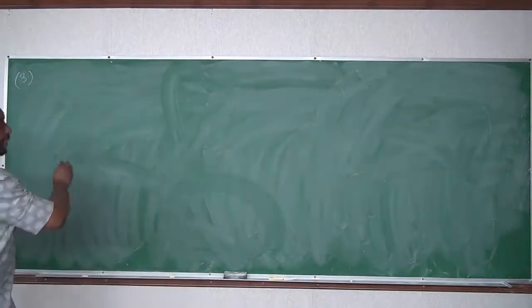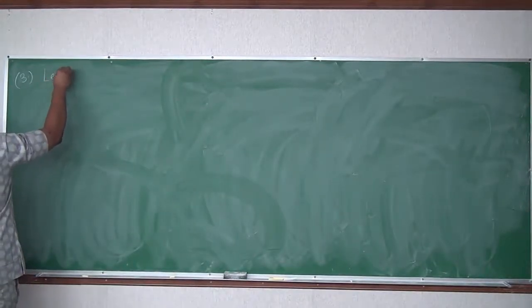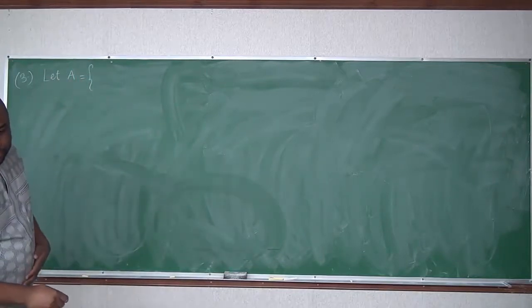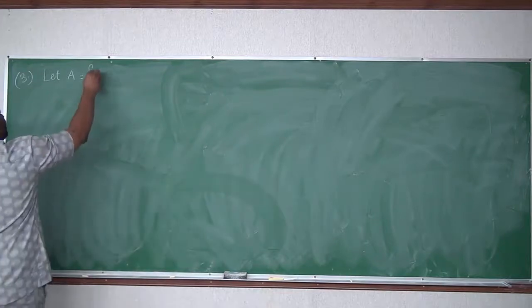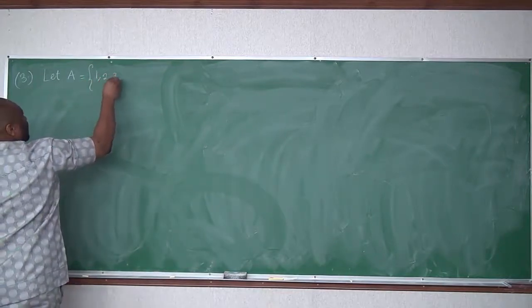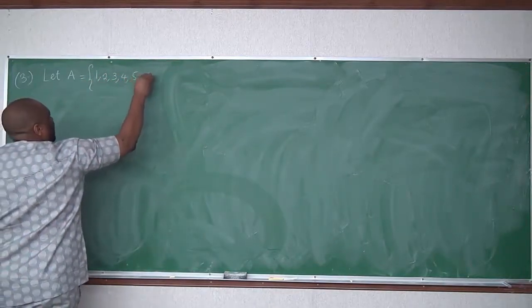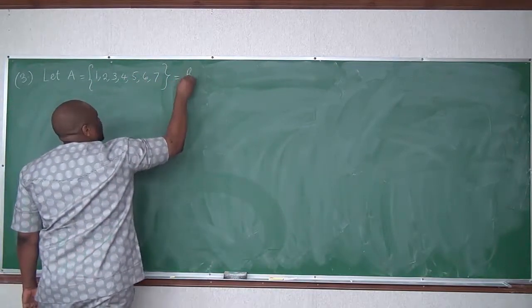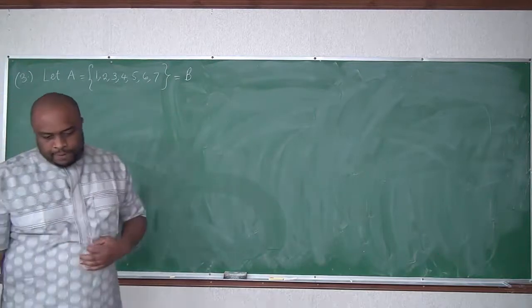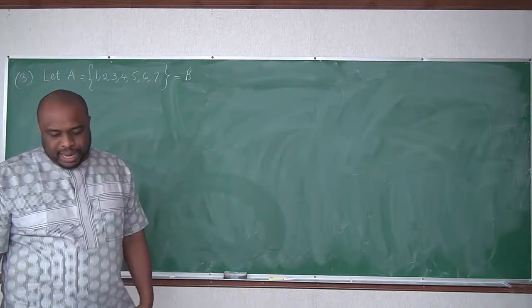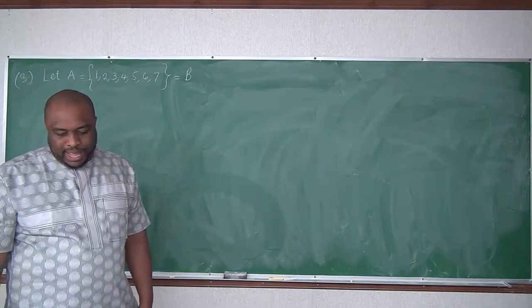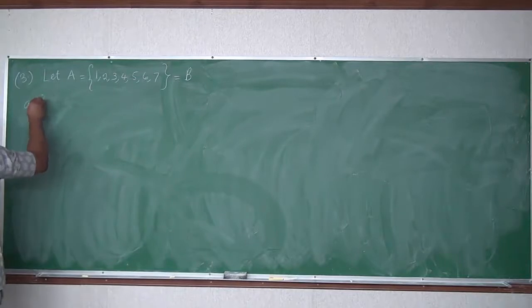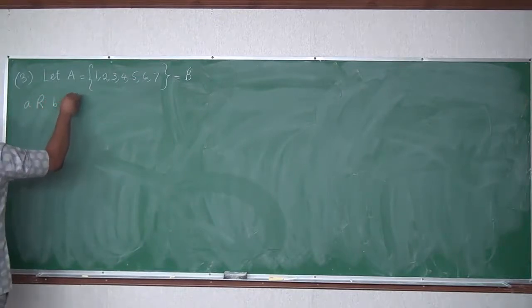Question 3, we have here, let set A be the set of 1, 2, 3, 4, 5, 6, 7, and A is equal to B. Define a relation R as A relation B if and only if.